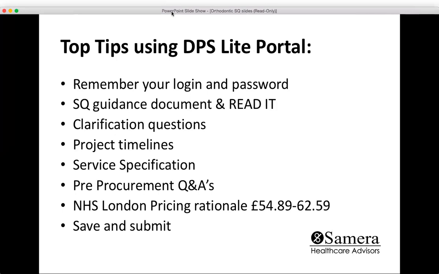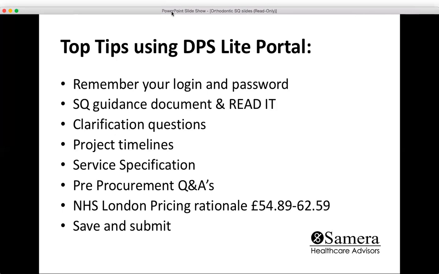That's right, Laura, isn't it? That's right. You could try and speak to the commissioners, but they were fairly clear at the engagement event, and they extended the timeline to try and ensure everybody got onto the DPS Lite portal. But I think it is pretty much closed now.